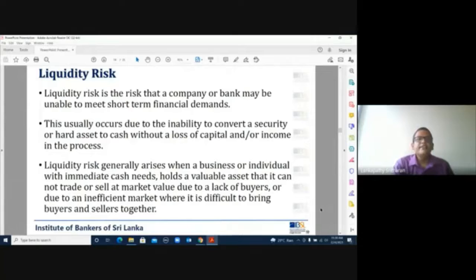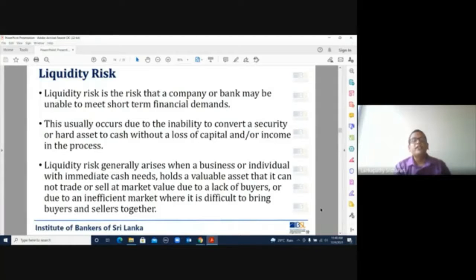Liquidity risk was considered one of the financial risks, but after the global financial crisis it became more prominent, because the 2008-09 financial crisis was mainly triggered through liquidity risk. So liquidity risk became more important.